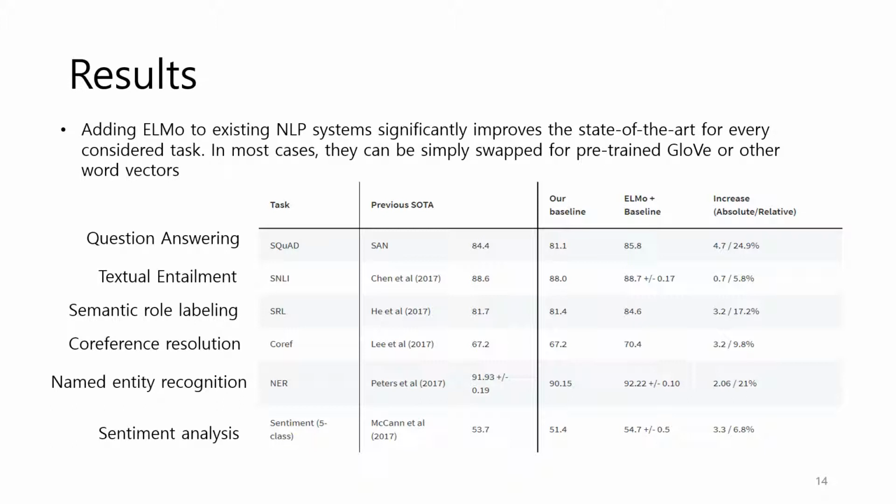Adding ELMo improves the average F1 by 3.2%, from 67.2 to 70.4%, establishing a new state of the art. Again improving over the previous best ensemble result by 1.6%.